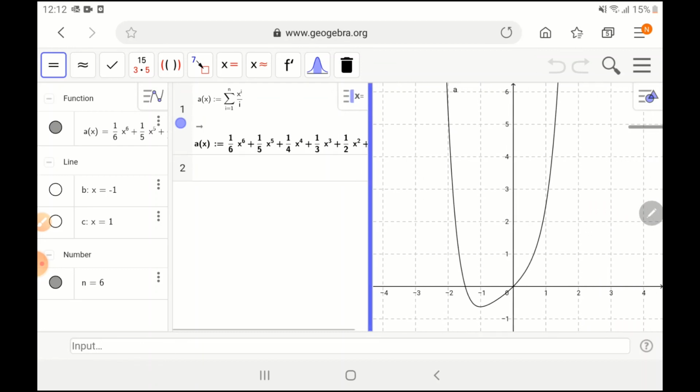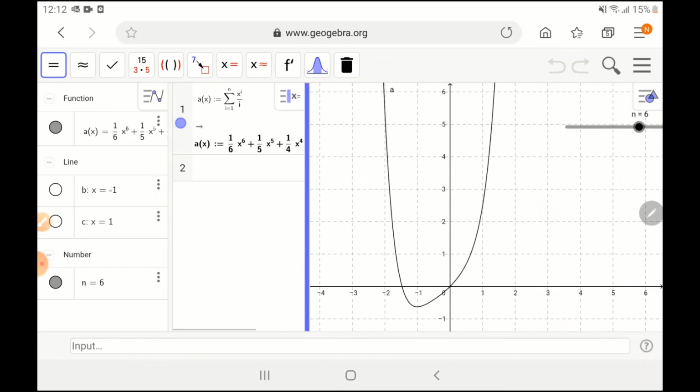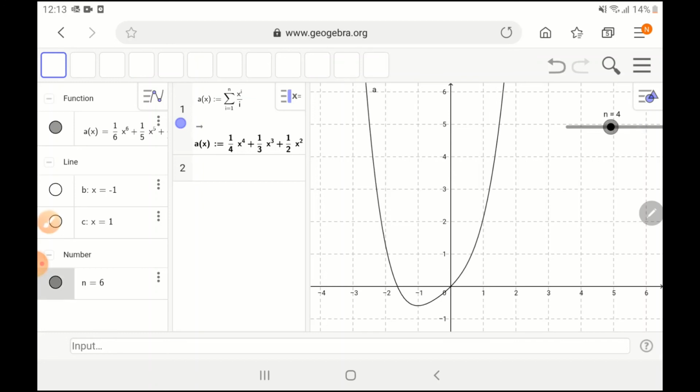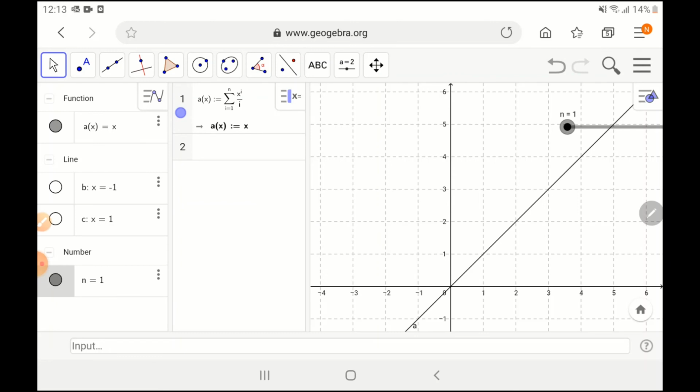Okay, so this is our series. I just changed the n to i, so x to the power of i over i. Let's say we only need one expansion.